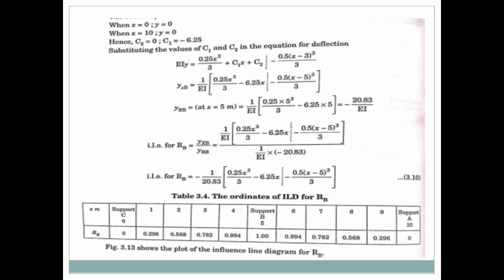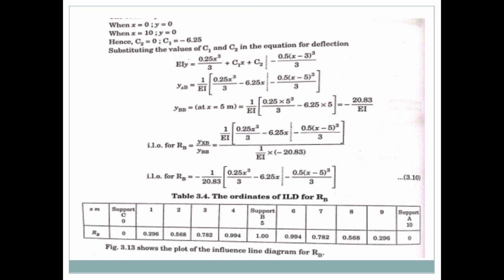For 6 meters 0.994, for 7 meters 0.782, for 8 meters 0.568, for 9 meters 0.296, and at support A, 10 meters, 0.